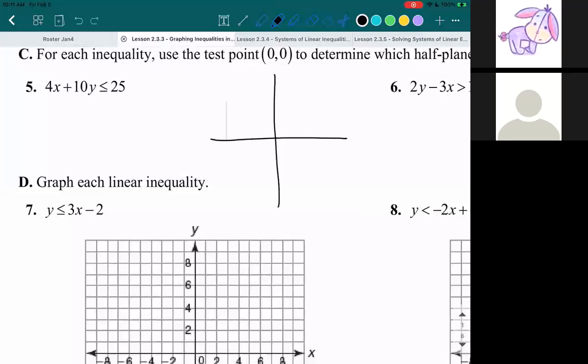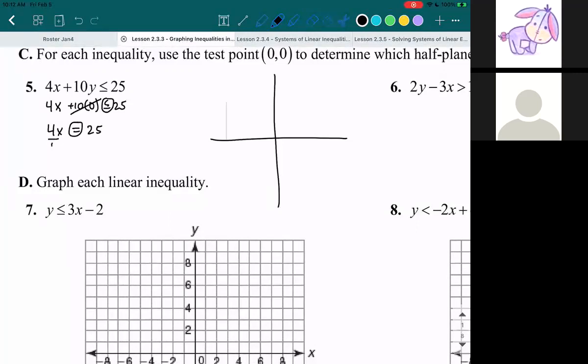So to do that, let's find our x-intercept by plugging in 0 for the y. So 4x plus 10 times 0 is less than or equal to 25. So then this just goes away. Essentially, all I want you to do is focus on 4x is equal to 25. I know I just changed the symbol from less than or equal to to equals, but let's just do this for now so we can find our intercept.